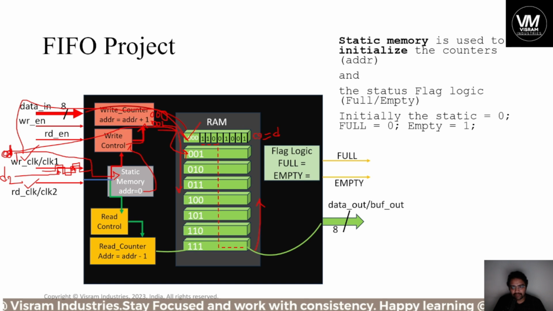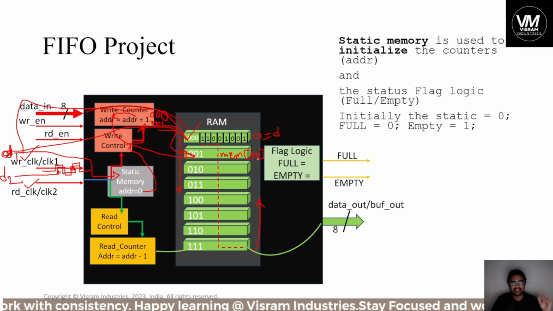The counter value is given to the address location, and at this mem address location 001, just recollect how you designed the previous things, the D2 will be sitting here.